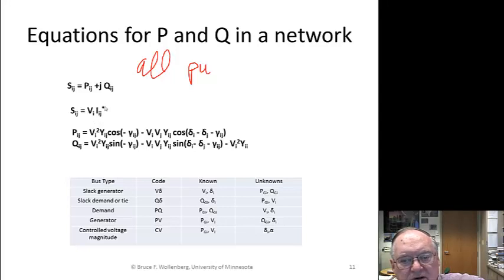So for a flow on YIJ, this one here says that I've got a bus I over here, and I've got a bus J over here, and I've got an impedance here. I'll draw a block in here, and I'll say this is Y.